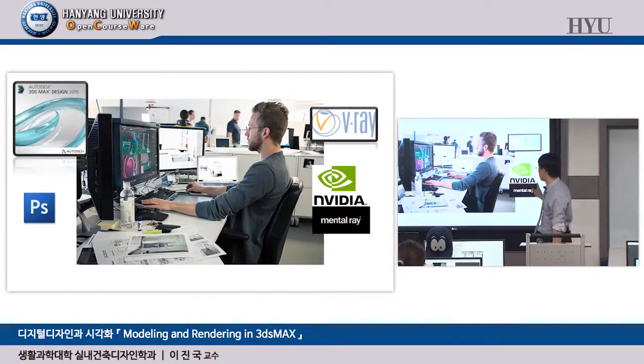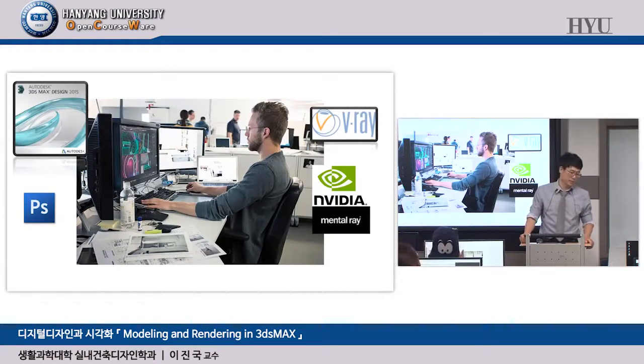Anyway, the company NVIDIA bought Mental Ray, and Mental Ray is NVIDIA software. Anyway, thanks to Mental Ray and the amount of well-defined professional materials in Autodesk material, you can make very photorealistic renderings and so on.